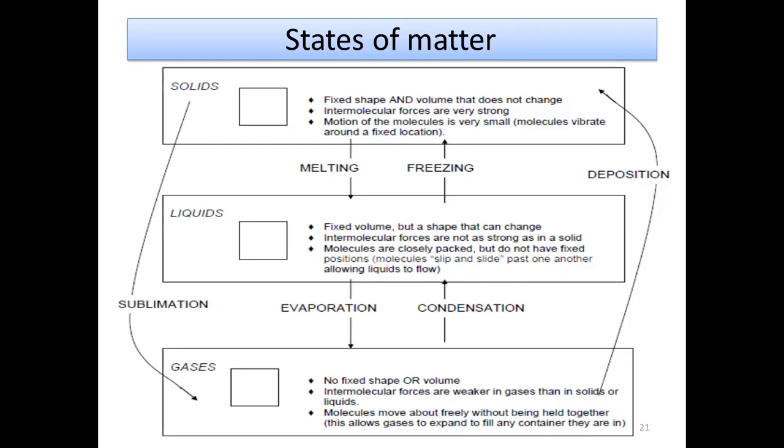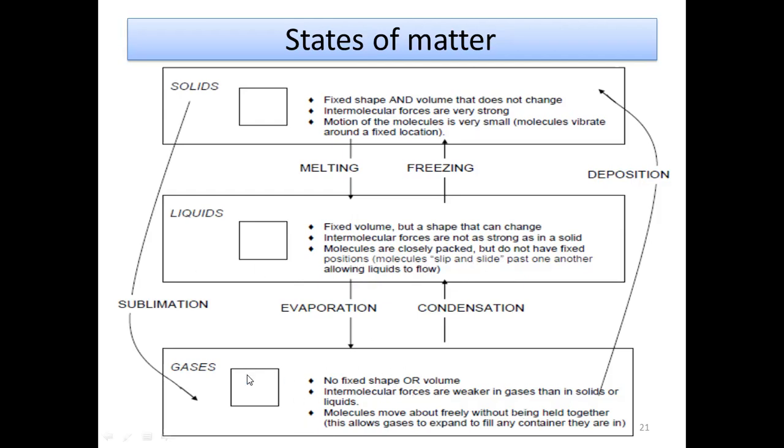If you pour honey, it is also going to slide. One layer of molecules slides over another layer of the honey or water. That's why the motion of the molecules is not fixed as in the case of solids. They are freely moving in the case of liquids.